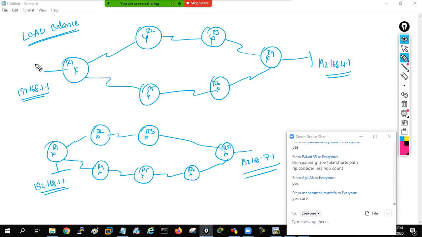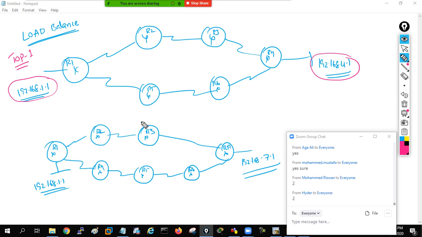Okay, guys. So if you see the first topology, this is your topology 1. As per topology 1, to reach 192.168.1.1 to 4.1, how many paths are there? 2 paths, right?